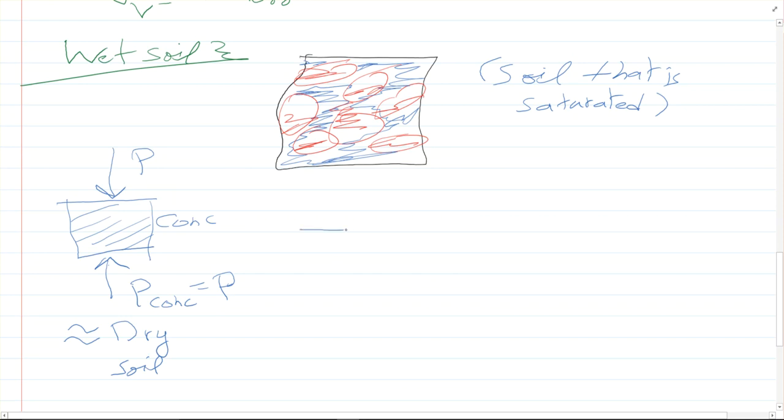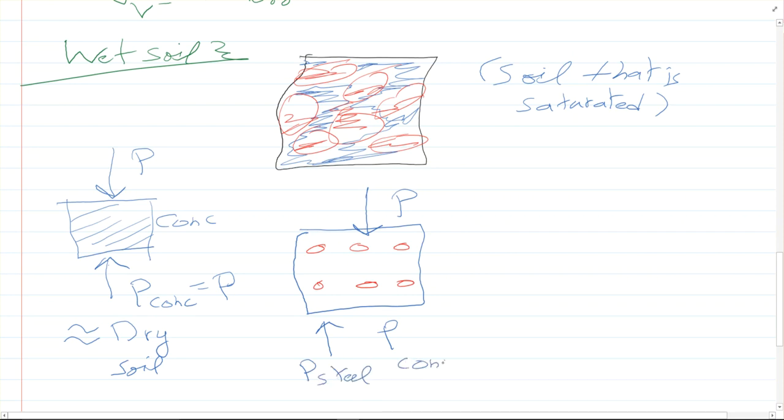Now, if we have reinforced concrete, again, this is the cross section, and we have reinforcement inside, steel. And we apply load P. Now we expect the reaction to be two components, P steel and P concrete, where P steel plus P concrete will be equal to P. So this is the behavior of a composite material.